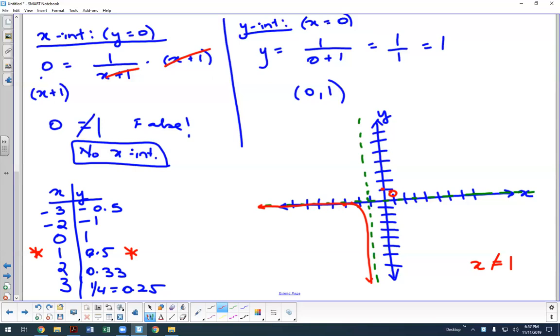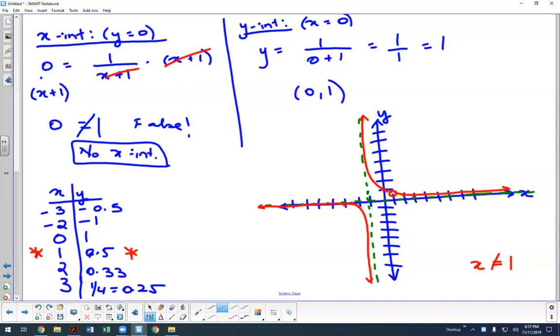Then we're going down to 2 and 1/3, which means I'm getting closer to the x-axis, and I keep getting closer to the x-axis. So this arm, starting at 1, is going to follow along the horizontal asymptote, leaving my open circle at 1, 0.5. This arm again will go up and follow along the vertical asymptote.